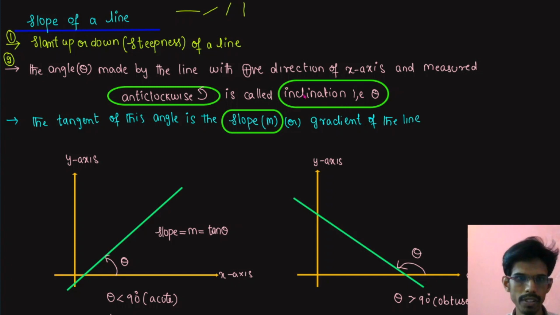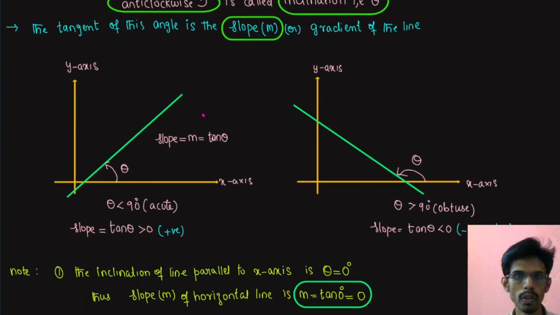From now onwards, instead of calling it as angle, we call it as inclination. The angle made by any line with positive direction is called inclination with respect to x-axis.